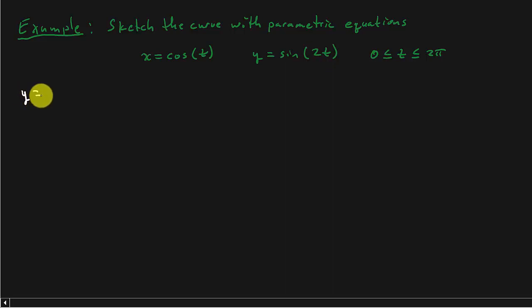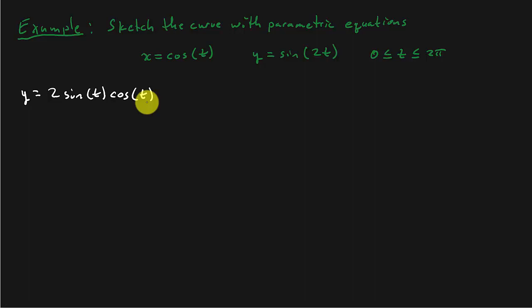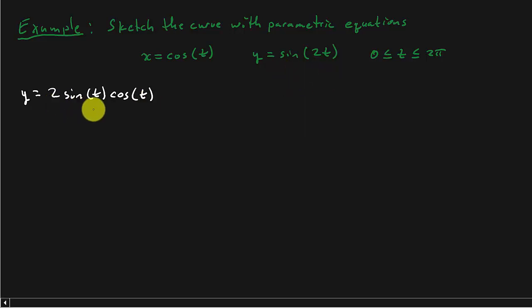Well, the thing I know here is y is equal to 2 sine t cosine t. Oh, where in the world did that come from? Well, remember your double angle identities, from trig. Remember sine 2t is 2 sine t cosine t.